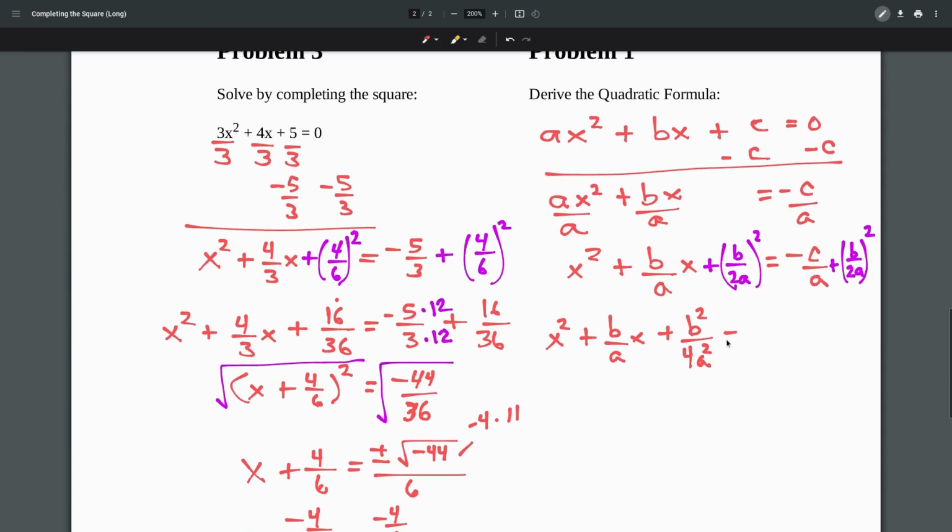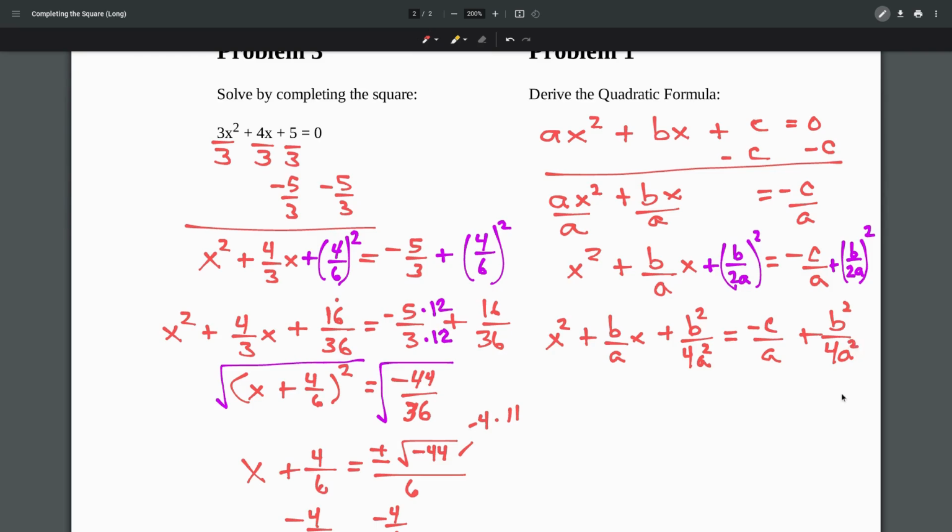And that's going to equal negative c over a plus b squared over 4a squared.